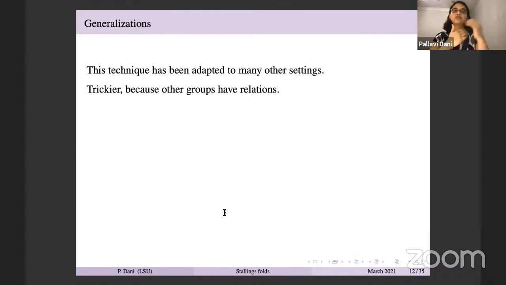What's true in the free group is that any reduced word in our big group F which represents an element of H can be read off as some path in lambda H. You're never going to be able to do that in another group unless you have some way of taking care of relations.